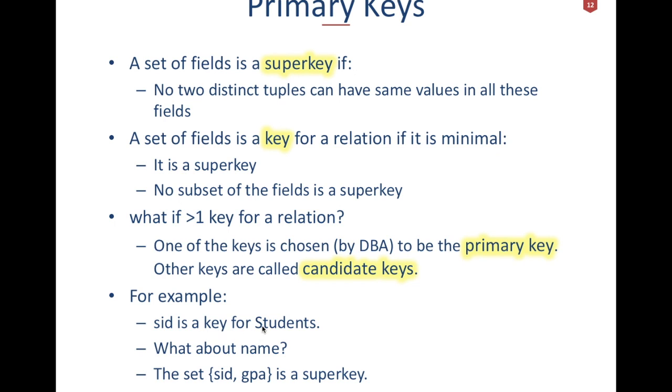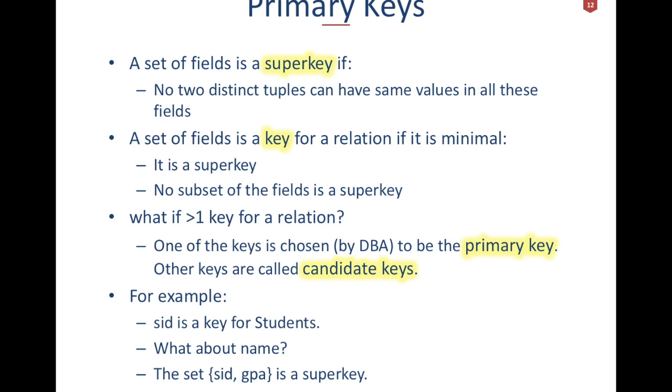For example, student ID is a key for students. How about name? Since name can be the same between two tuples, that's why name is not a primary key. The set SID, student ID, and GPA is a super key, but I cannot make it a primary key. Why? Because SID alone can be a super key.